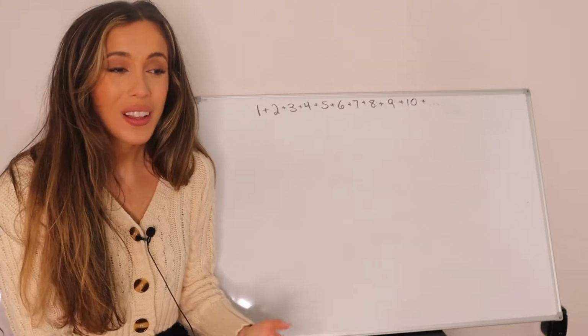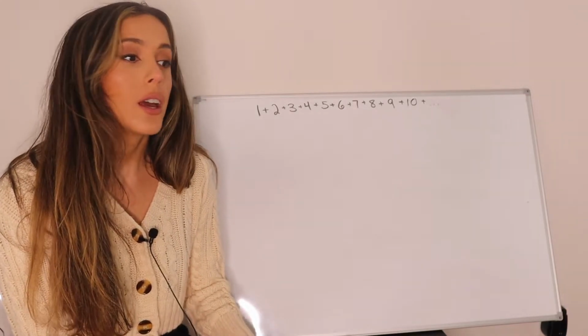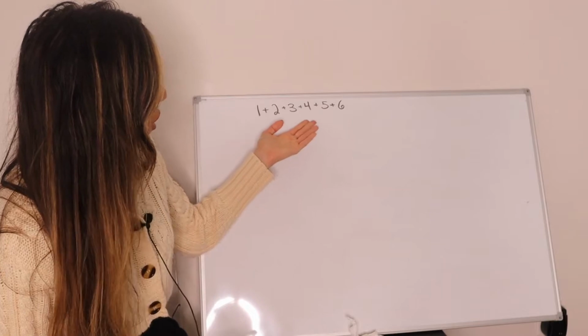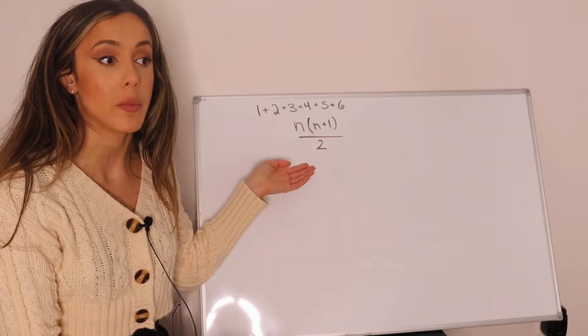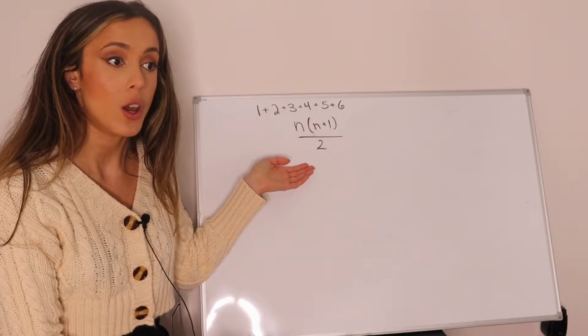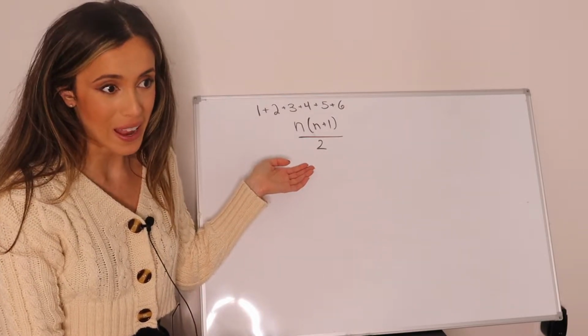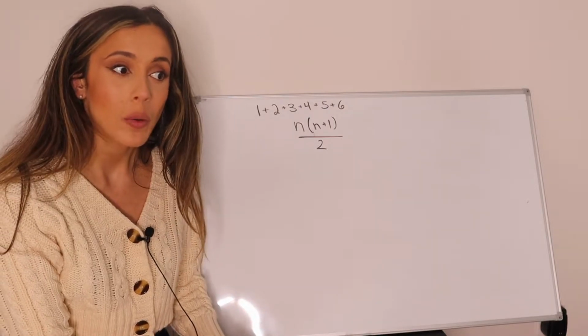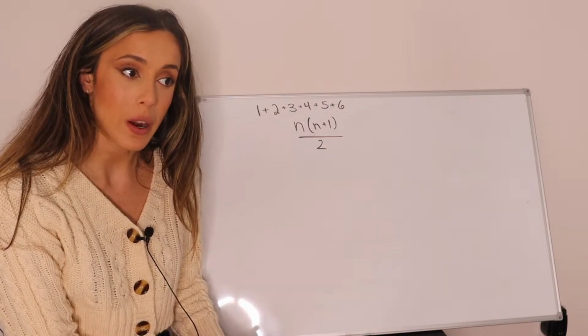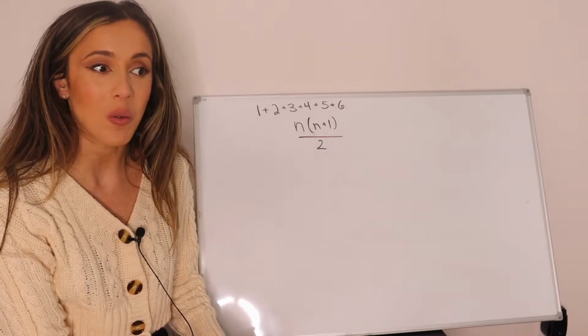As an example, let's just choose 6. We have a partial sum. This is the general formula for calculating the partial sum of natural numbers from 1 to n. Since n equals 6 in our example, we can easily see that the partial sum is 21.